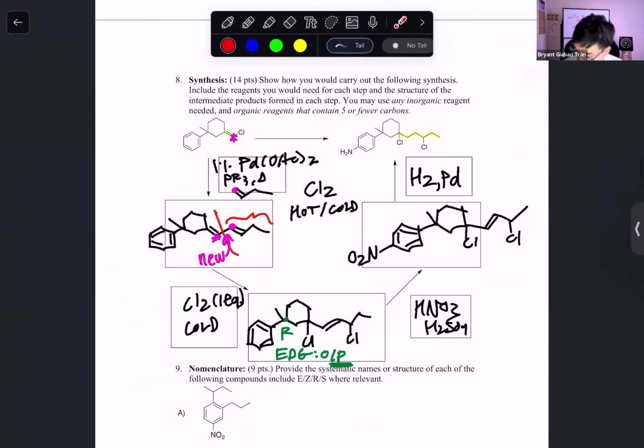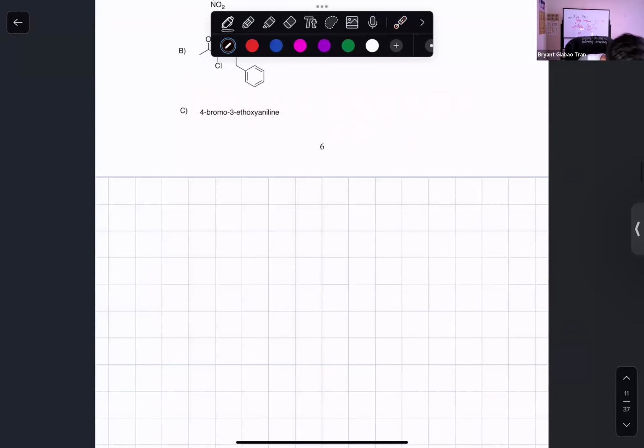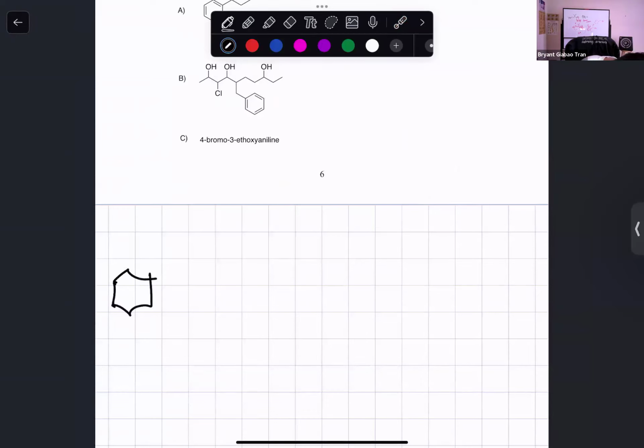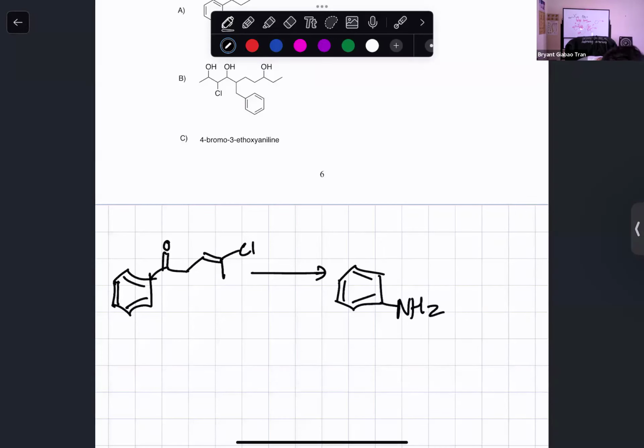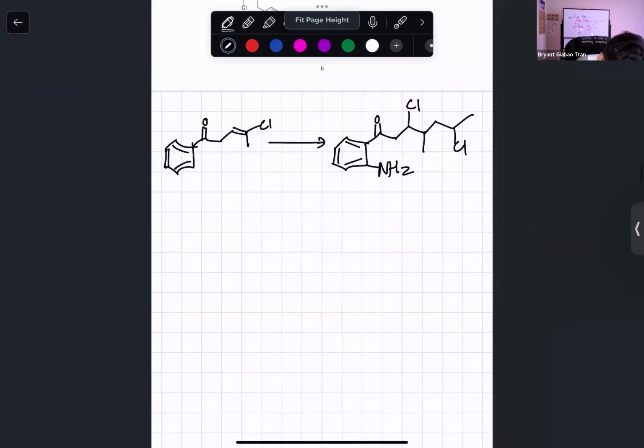Right. Now, I made a similar synthesis problem for you guys to try. That's very close to this, but it's going to be a little bit more involved. It's going to require more reactions. So let me give that to you guys here. Okay, and let me give you guys the arrows and boxes too.